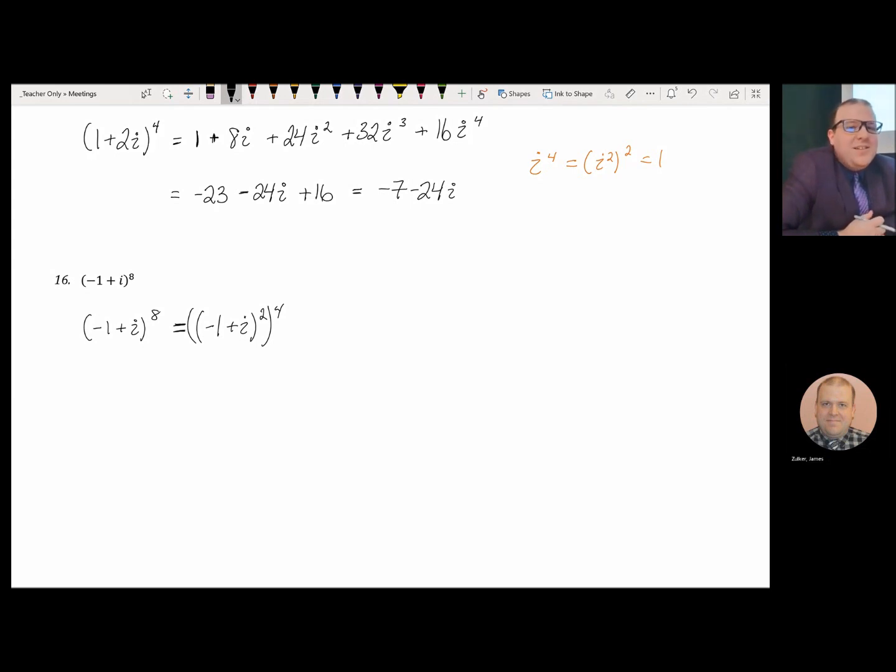This is how I'm going to tackle it. Yeah, this is valid. And there's a reason why for this one I'm doing it this way. The brute force method. Well, I would say what we've been doing is the brute force method. This is the clever method.